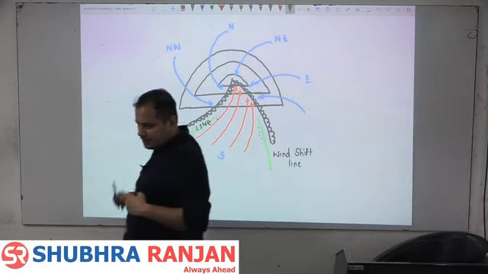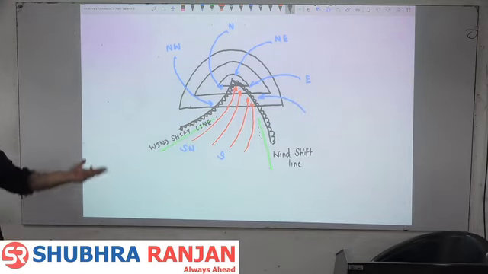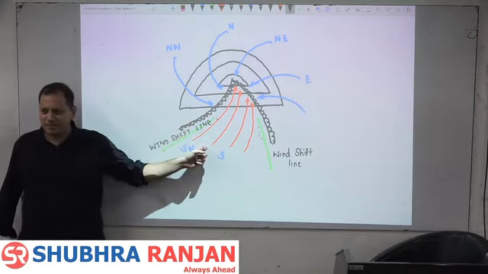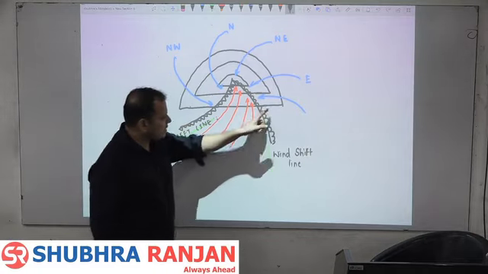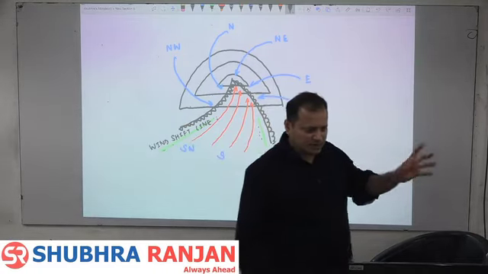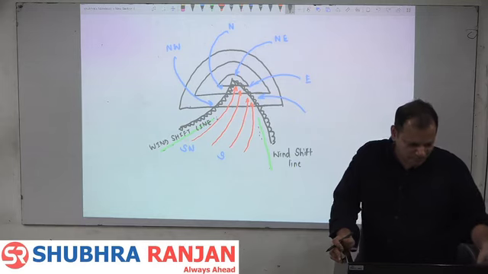Wind shift line. Understood? Wind shift line, इस डायरेक्शन से विंड आ रही है, सडनली अब गर्म हो गई. गर्म विंड है, सडनली अब ठंडी विंड हो गई. Therefore, this is what is known as wind shift line.